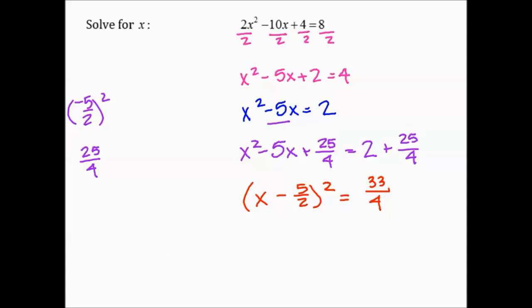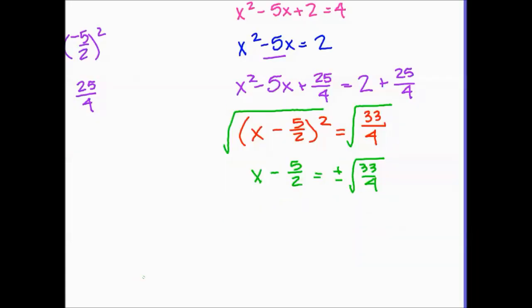Then I need to solve by taking square roots. So I'm going to take square root of both sides. The square and the square root cancel out. I have x minus 5/2 equals plus or minus square root of 33 over 4. Now we need to simplify this square root. Whenever you have the square root of a fraction, you're just going to do the square root of the numerator divided by the square root of the denominator.